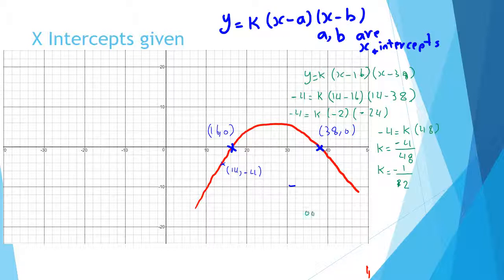So my equation is y equals negative 1/12, open bracket, x minus 16, close bracket, open bracket, x minus 38, close bracket. You can see that the parabola is upside down, so you know the k must be a negative number.